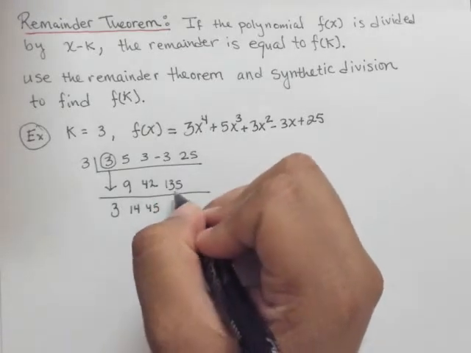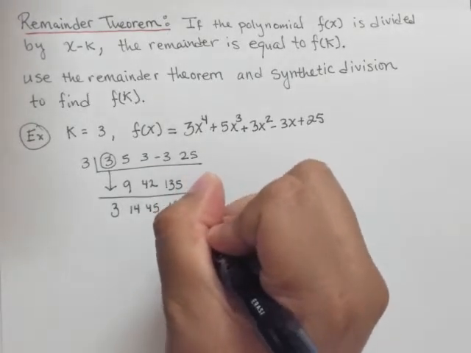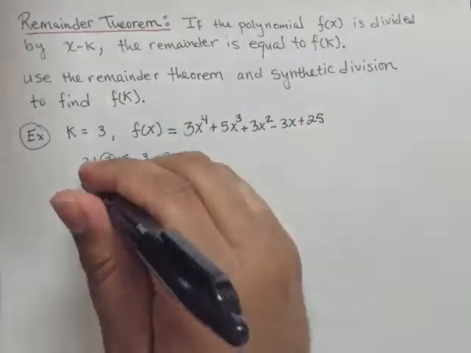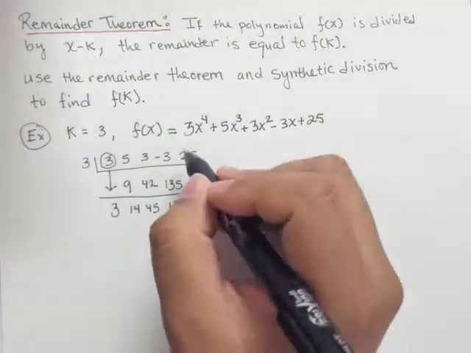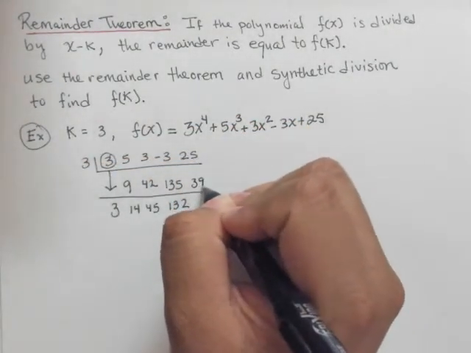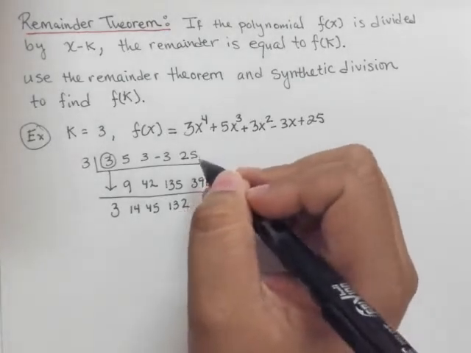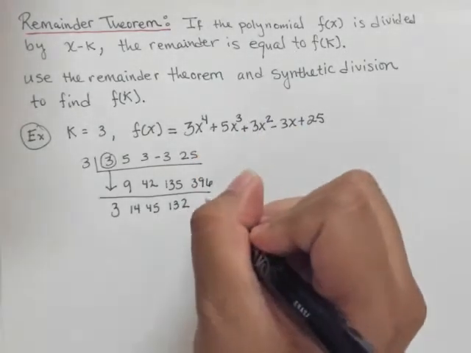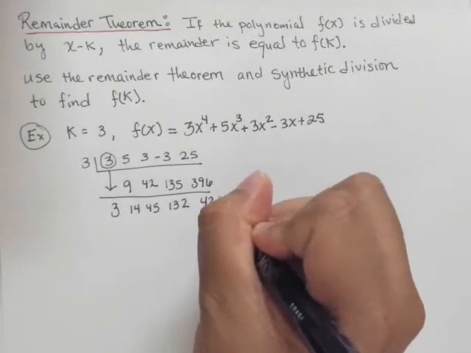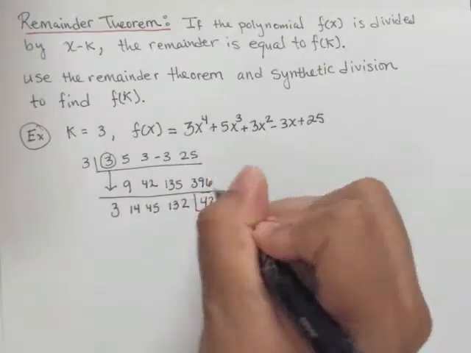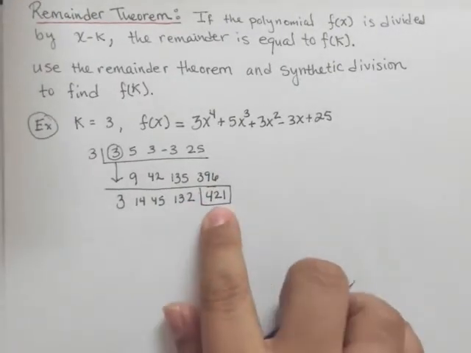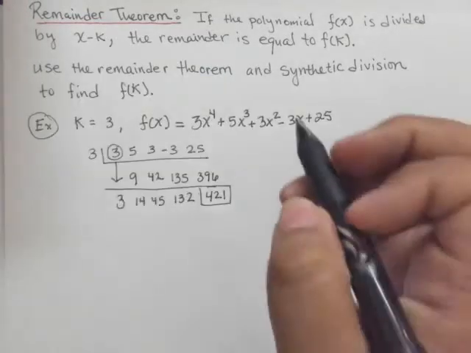And -3 plus 135 is 132. And 3 times 132 is 396. And 25 plus 396 happens to work out to be 421, the remainder. Well, there's the remainder from synthetic division. That's what we were concerned with.